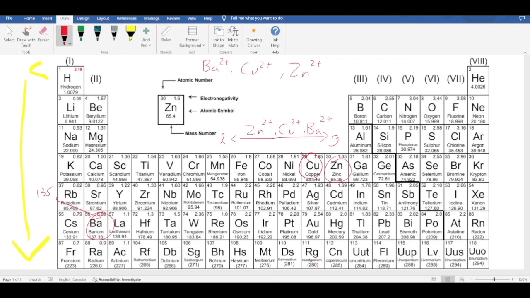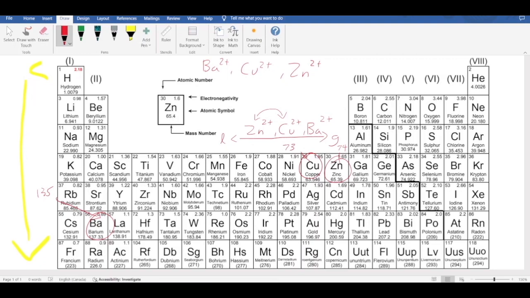Copper here, this may surprise you, has a 73. Zn has a 74. As you can see, it's a very minuscule difference. However, they should be rearranged.